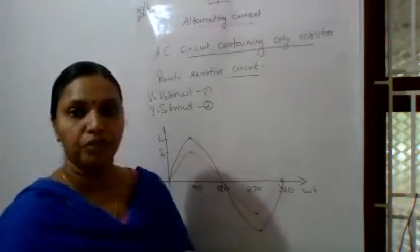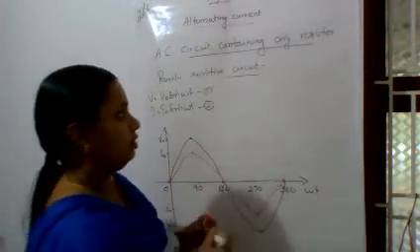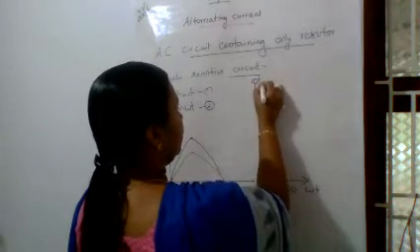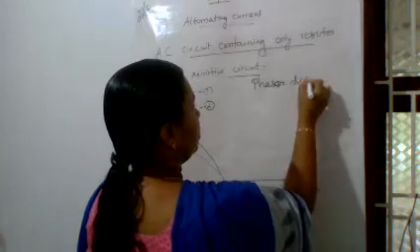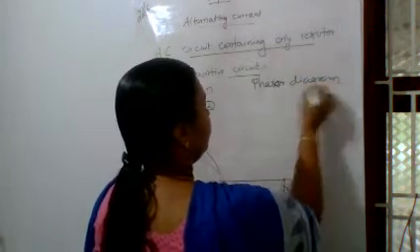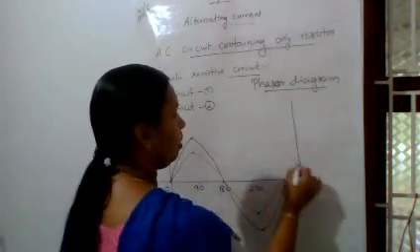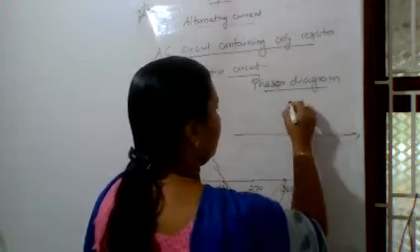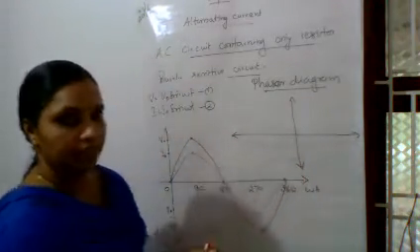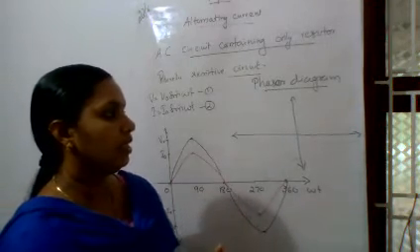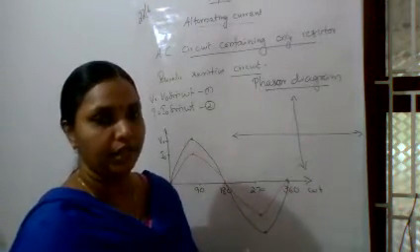Next we have to go for the phasor diagram. We studied the phasor diagram. What is that? Here we can consider the voltage and current as vectors in the coordinate system.